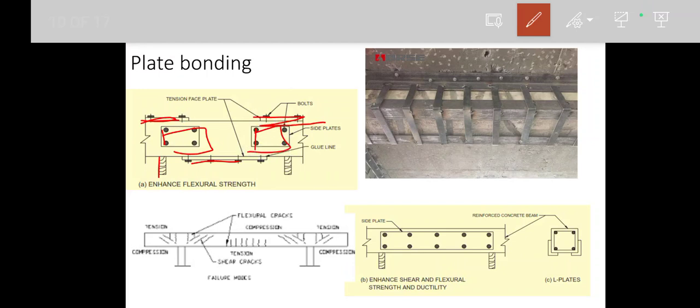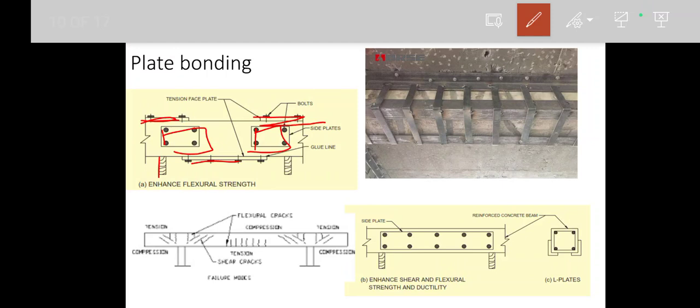If you fix a plate by drilling some holes, without any gap between the plate and the concrete surface, properly glued with epoxy grouting, then whatever stress comes to that particular area will be transferred to the plate, and the plate will try to take the load. This is the concept here. The main thing is that there should be no gap between the plate and the surface, and it should be properly bonded.